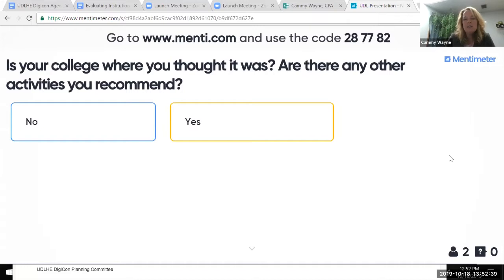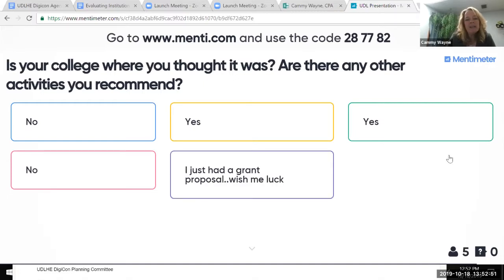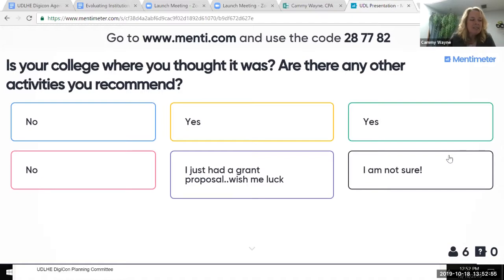Yeah, there's a lot of things that you can do, and obviously we can't capture everything. These were all just suggestions, but it is a useful way to evaluate where you're at and see what kind of improvements you can make. Yeah, good luck on that grant proposal. It's always helpful when you have some funding.